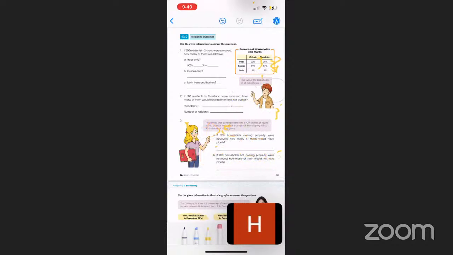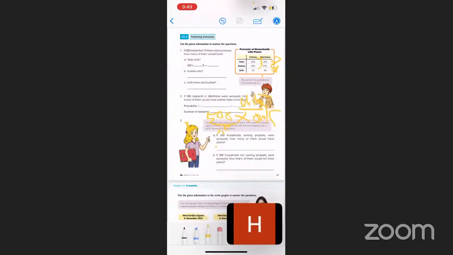Okay, and so they're also asking for the number of residents. You already know there's 500 total people, and you have to multiply by the probability you just calculated, 0.15, or 15%. So we found the probability, but now we have to find the number of people.